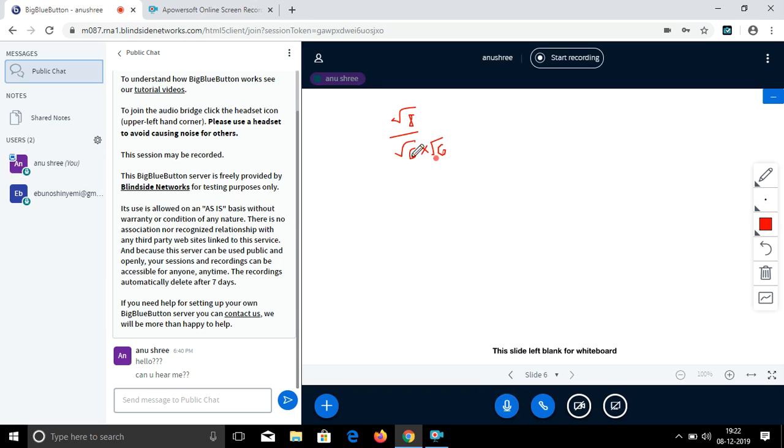But if you are doing this, you have to do it with the numerator also, because we cannot change the value of any number. If we are multiplying the denominator of a fraction by a number, we have to multiply the numerator by the same number in order to maintain its value. So root 6 multiplied by root 6 is 6, and it's root 48.